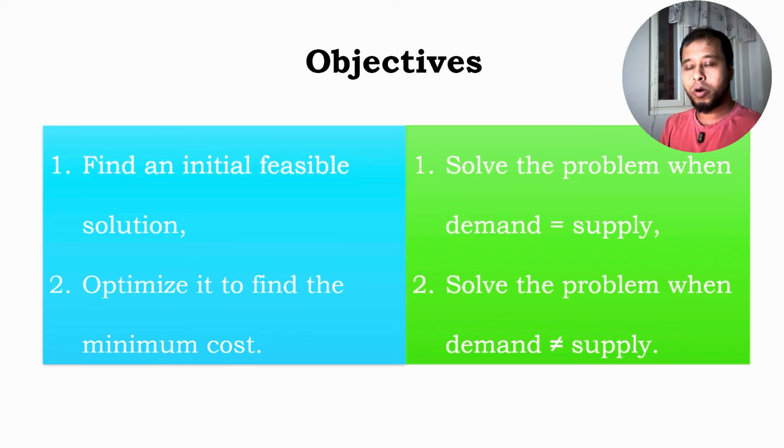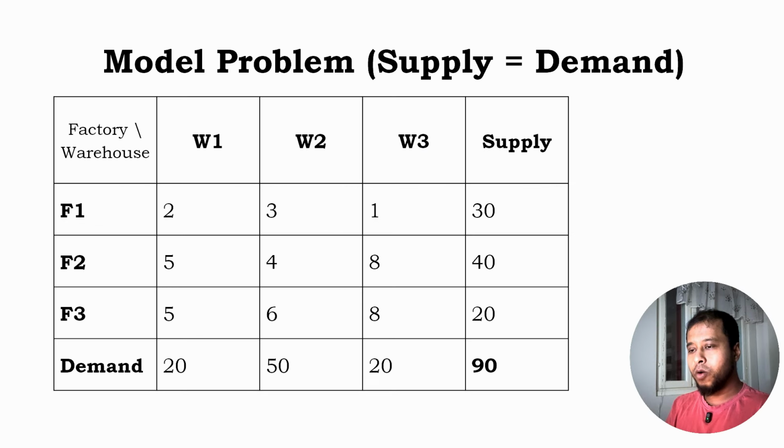So here is our model problem where we plotted the data of factories and warehouses. Factories are denoted as F1, F2, F3, and warehouses are denoted as W1, W2, and W3. For each case, as an example, from factory 1 to warehouse 1, the transportation cost for each unit is 2.